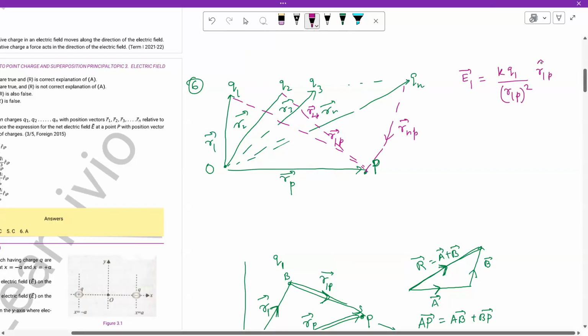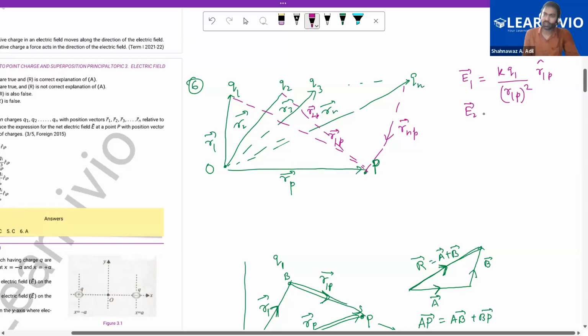Similarly, E2 would be KQ2 divided by R2P square and R2P hat. And finally, En would be KQN divided by RNP square and RNP hat.